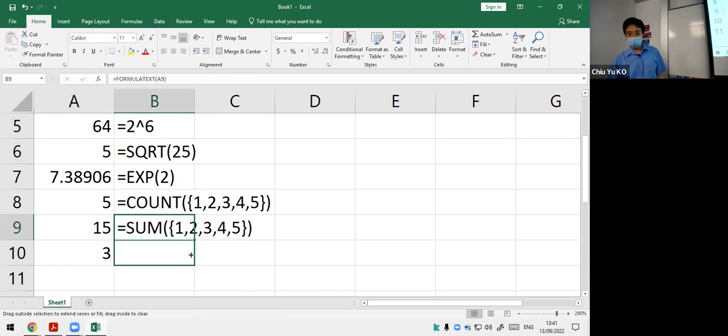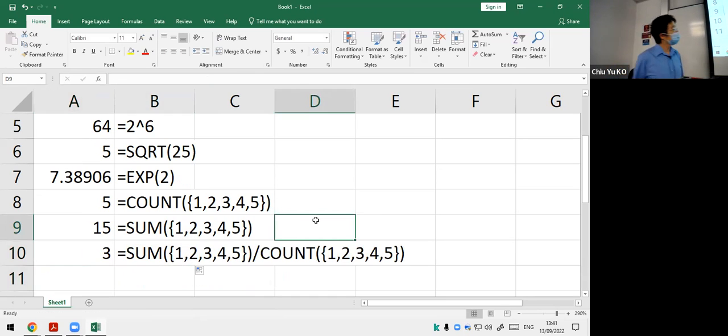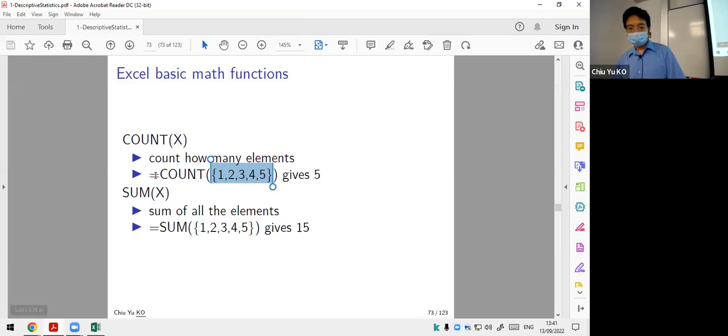So this exactly gives you the formula for average. That's how you can use Excel to do this, using sum and count. These two functions, you can directly input the data in the function, and that gives you the formula. That is the good thing about Excel: you can input there, that's not a big deal. You can input as many data as you want.